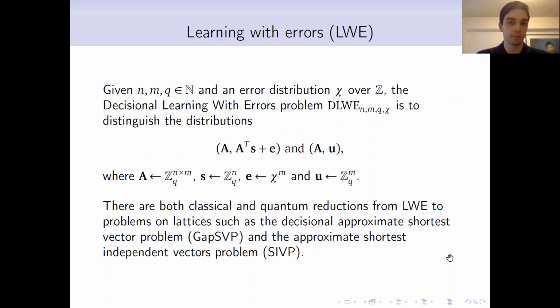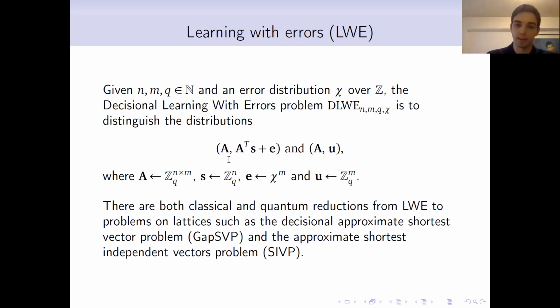The learning with errors problem is the most commonly used hardness assumption in lattice cryptography. So the decisional learning with errors problem is to distinguish between these two distributions, where A is a randomly sampled matrix of integers modulo q, s and u are also uniformly sampled vectors, and e is a small error vector, which is usually sampled from a discrete Gaussian distribution.